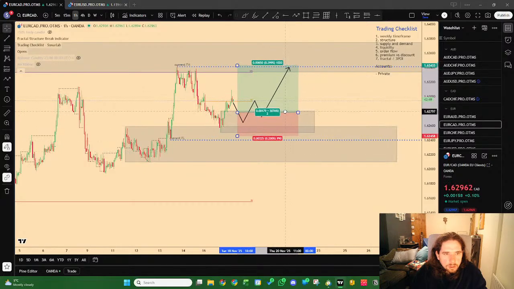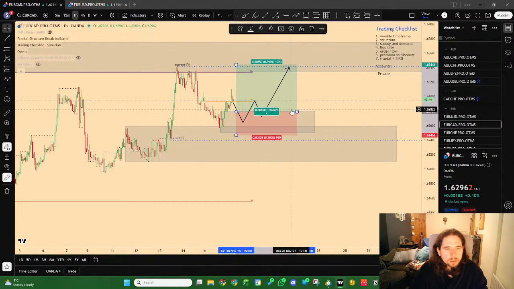Just put it on that little liquidity line there. That's what I'm aiming for, and that's just above there.